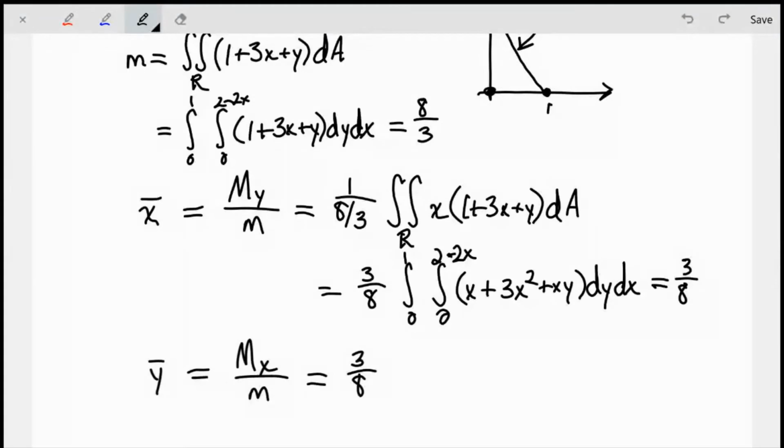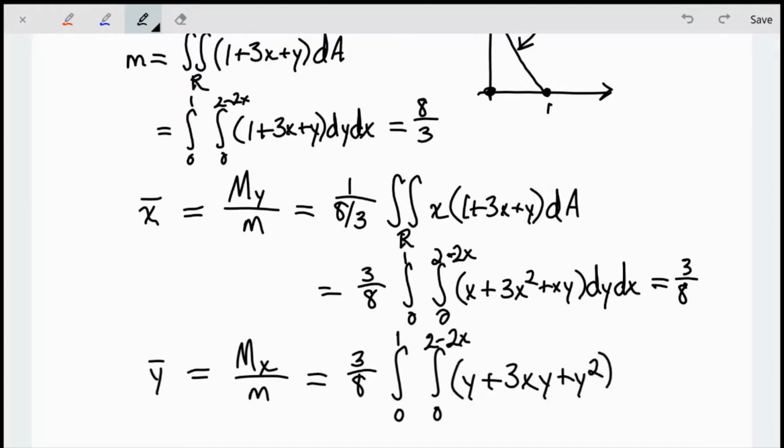So I'm going to have 3/8 times the integral from 0 to 1 and 0 to 2 minus 2x. Now remember, this time we would be doing y times 1 plus 3x plus y. So that's going to give me y plus 3xy plus y squared. And again, dy dx.